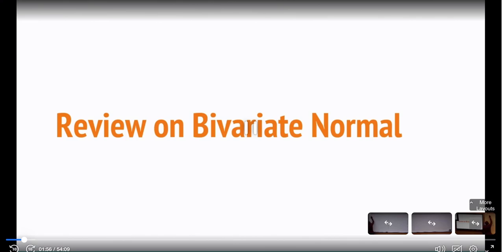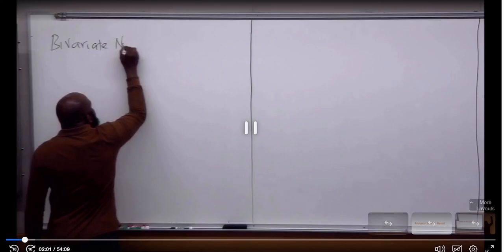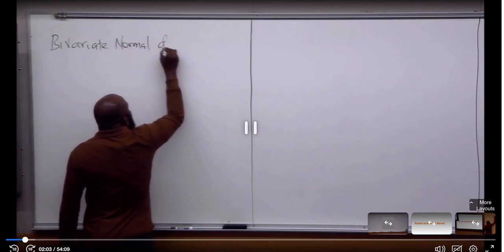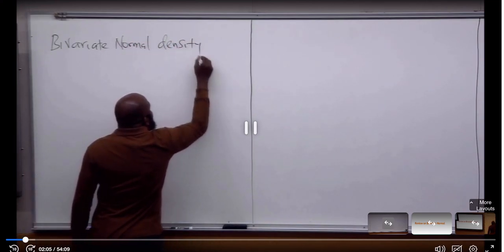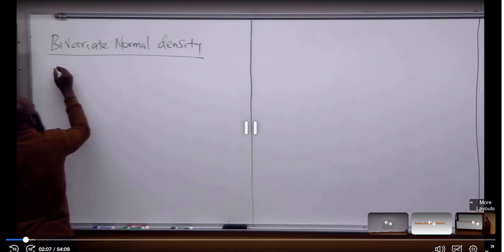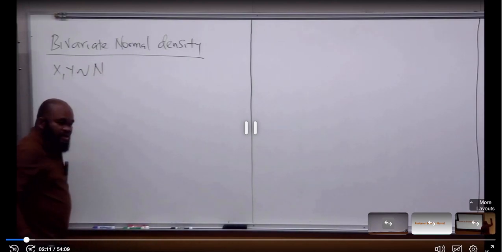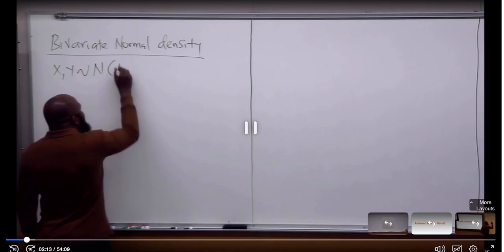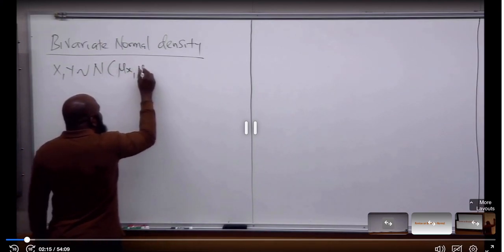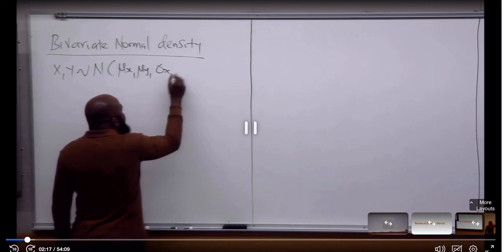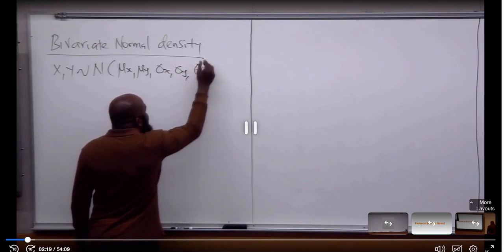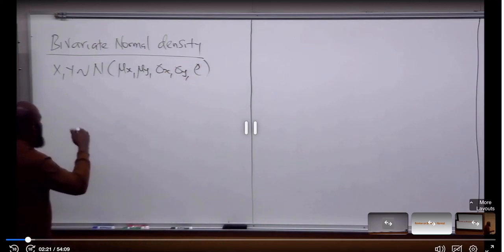Okay, so bivariate normal density. If I have (x, y) that follows a bivariate normal density, I'm actually going to have the mean of each, the standard deviation of each, and the correlation.